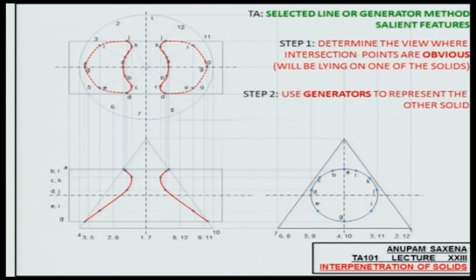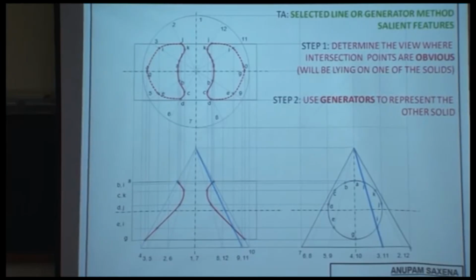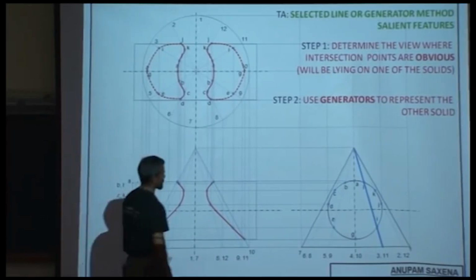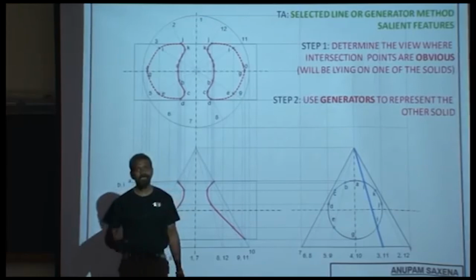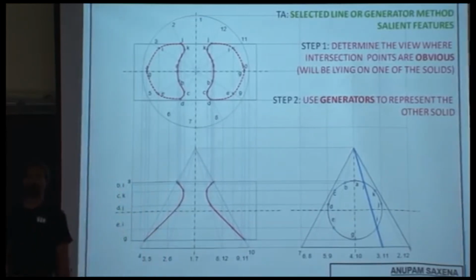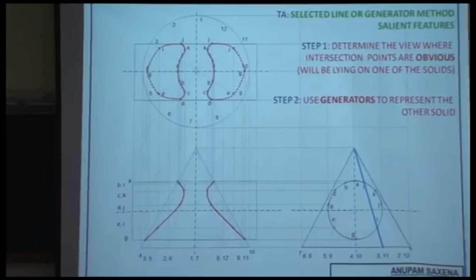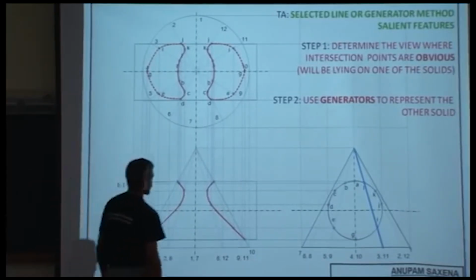Step 2, use generators to represent the other solid. For example, this line would be a line on the slant surface of the cone. So this line is 3 and 11. In fact, these are two lines. The first one is towards you, and the second one is away from you, behind the cone.